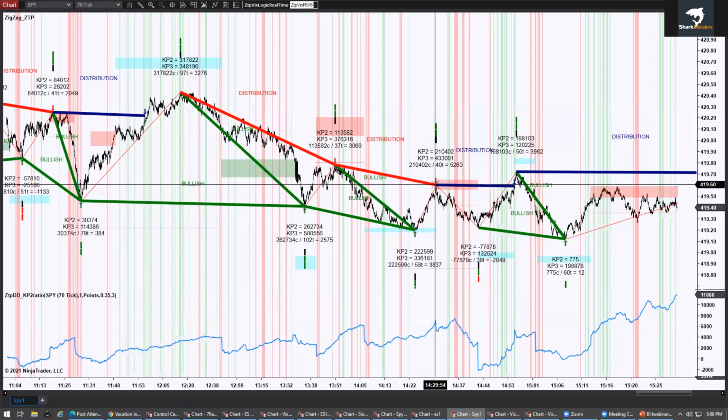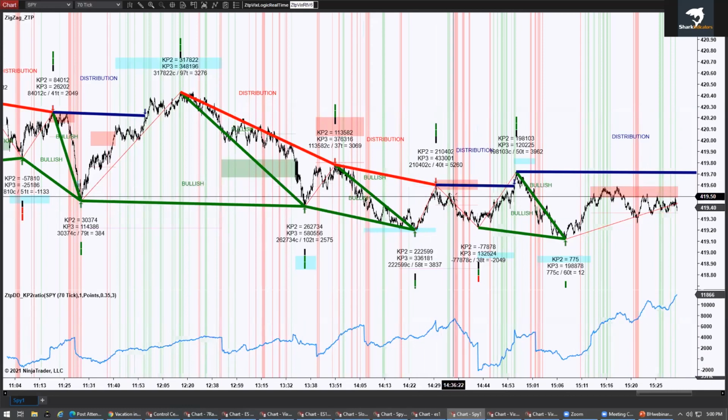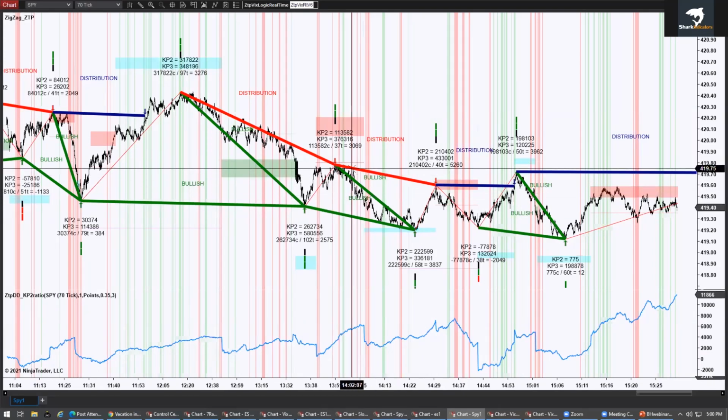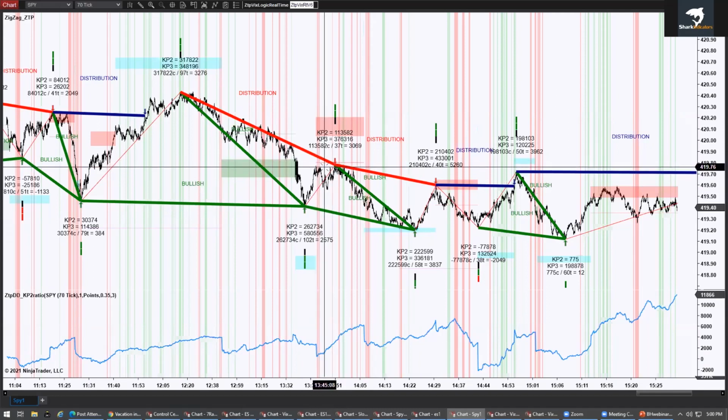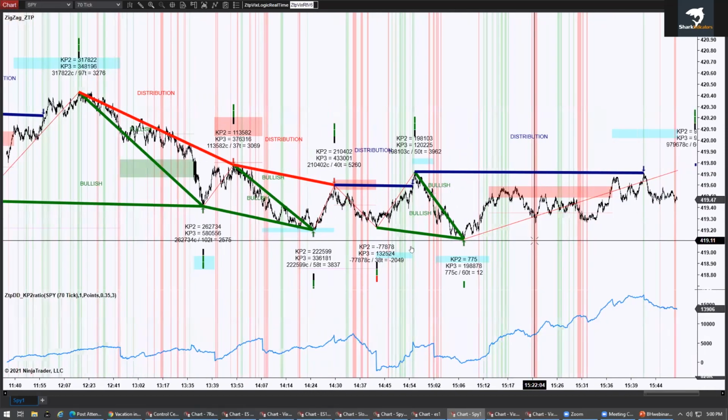It is really nice when we get the signal right here, and then less than a point later, our BloodHound gives us our sell signal, or we get the signal right there, and we've already gotten our VIX short signal. Really nice.